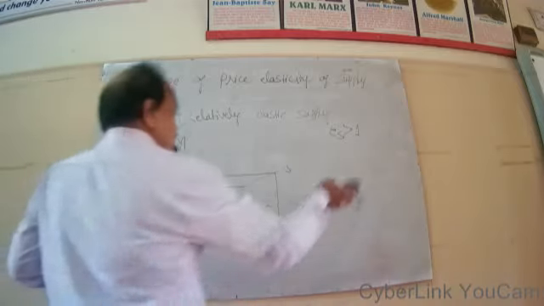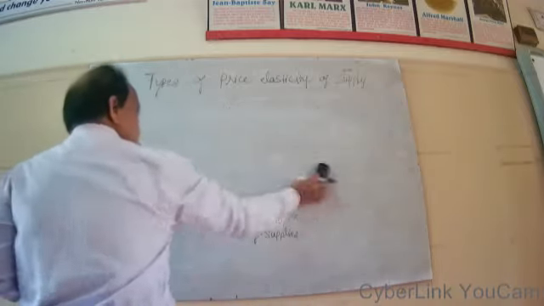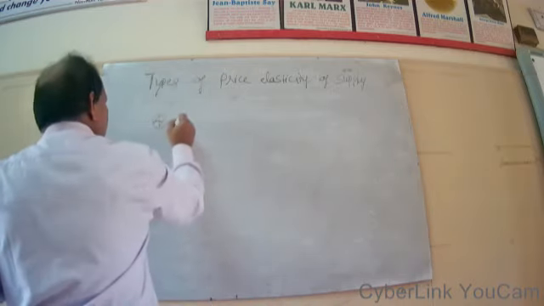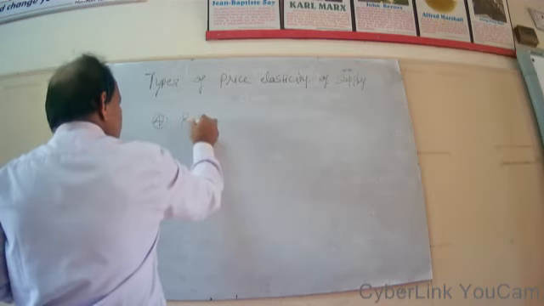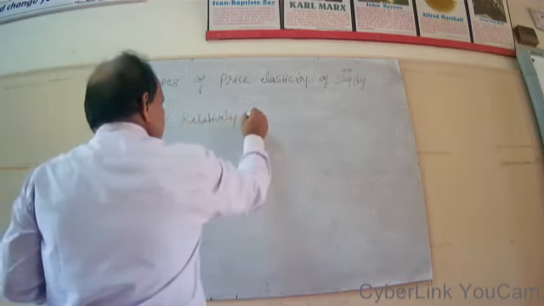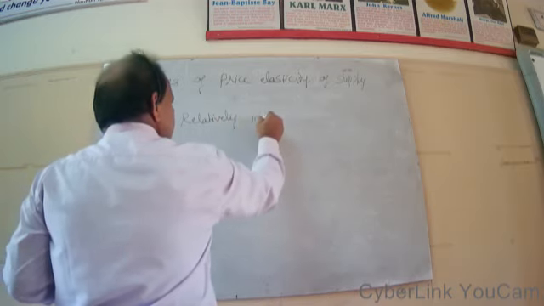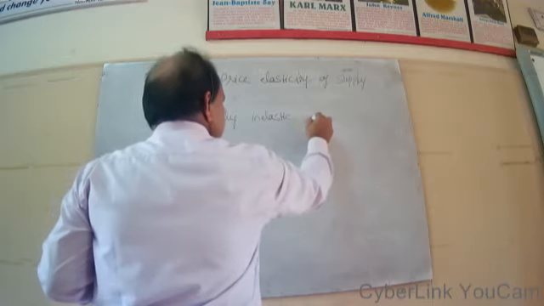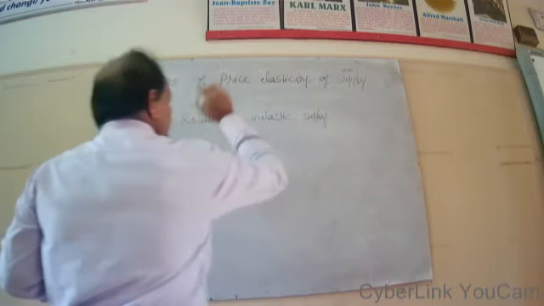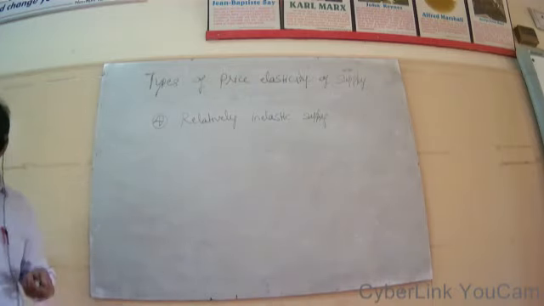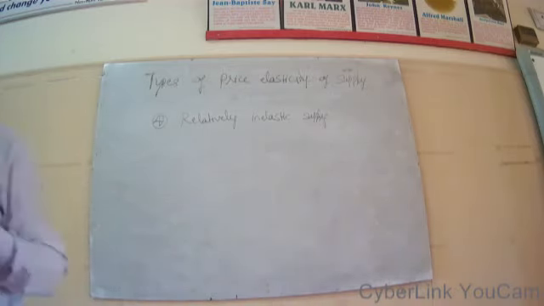Then number 4. The fourth type will be relatively inelastic supply. In this type, the proportionate change in quantity supplied will be smaller than the proportionate change in price.